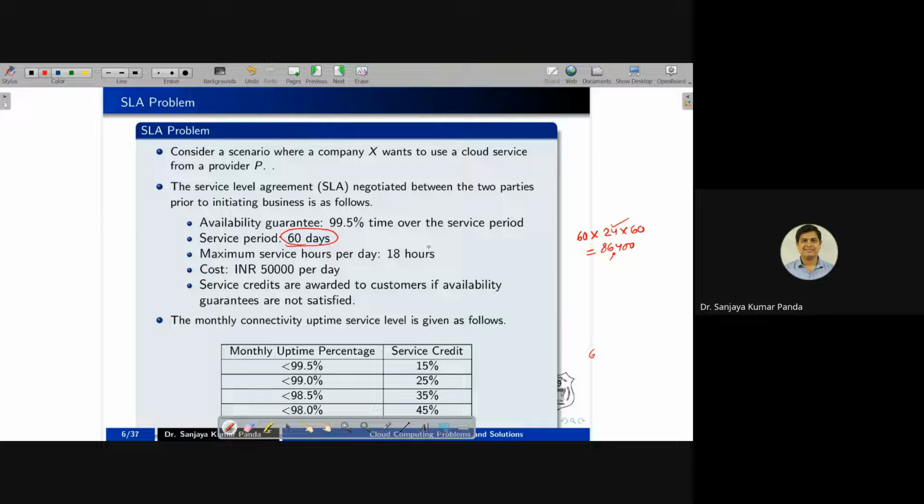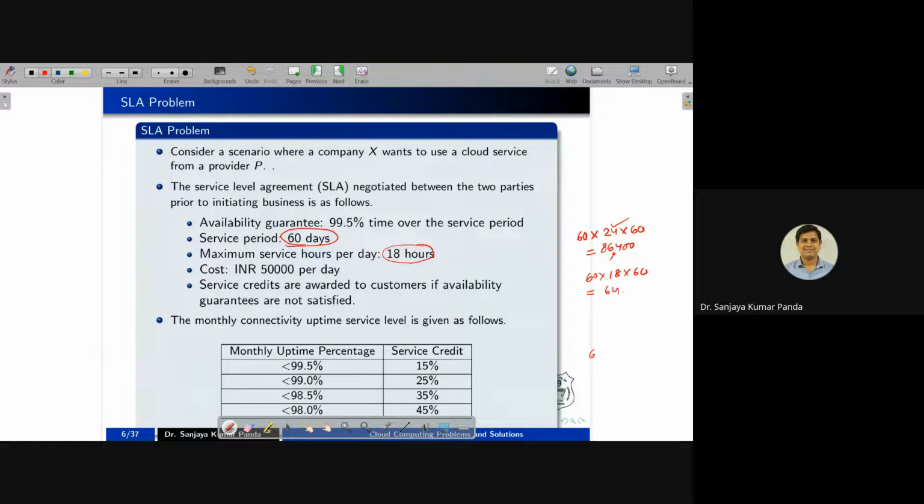But you can see here the maximum service hour given is 18. So what I can do? I can write 60 into 18 into 60. If maximum service hour is not given, we assume that maximum service hours is 24 hours. But here maximum service hours is given, that is 18. So it is 60 into 18 into 60.